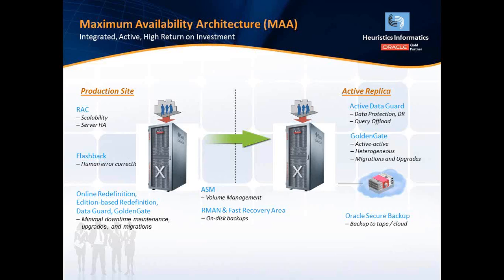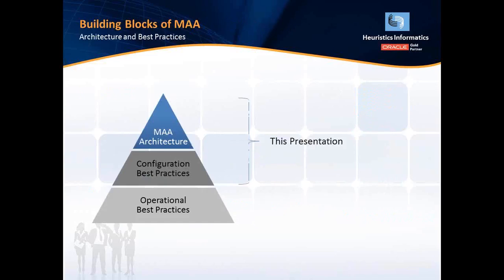That way, if for any reason, for example, if there's a fire in my data center and the unthinkable happens and everything is lost, I still have all of my data protected. Why? Because it is available in Mumbai. So what are the building blocks of maximum availability architecture? Maximum availability architecture is not just a hardware or a software piece that we implement and we're done.